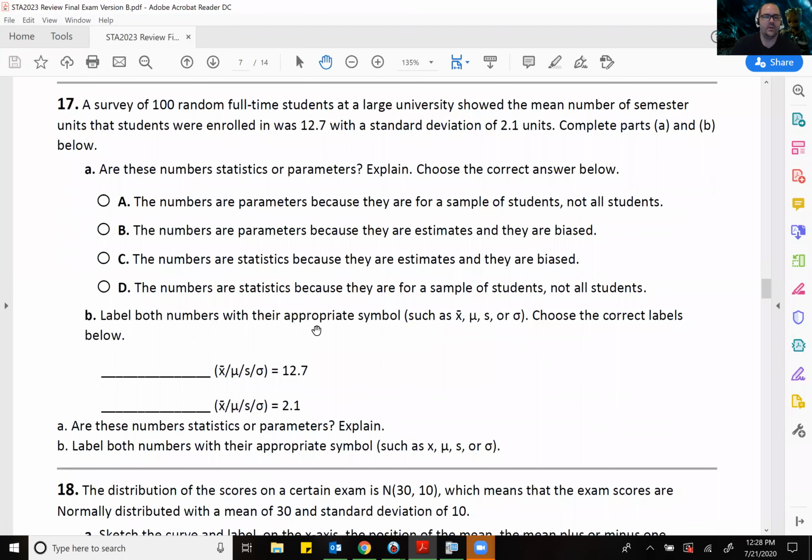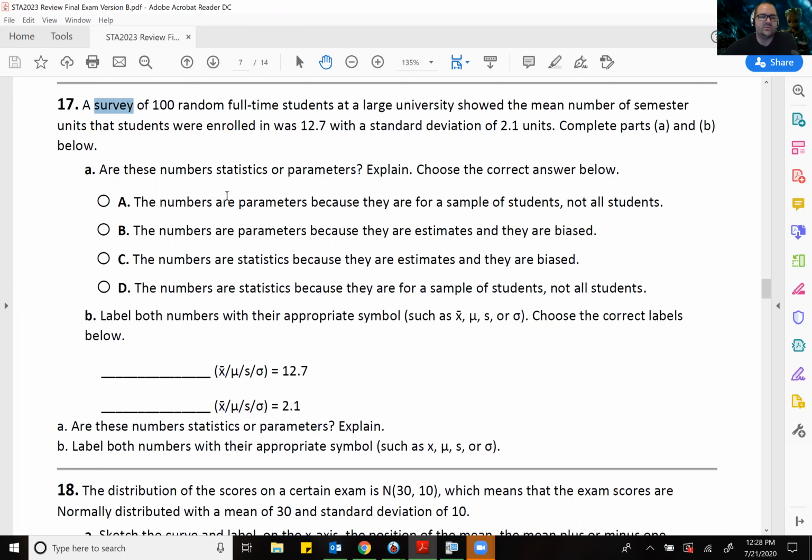Here again, this is another 9.1 question. It says a survey of 100 random full-time students at a large university showed the mean number of semester units that students were enrolled in was 12.7. The standard deviation is 2.1 units.